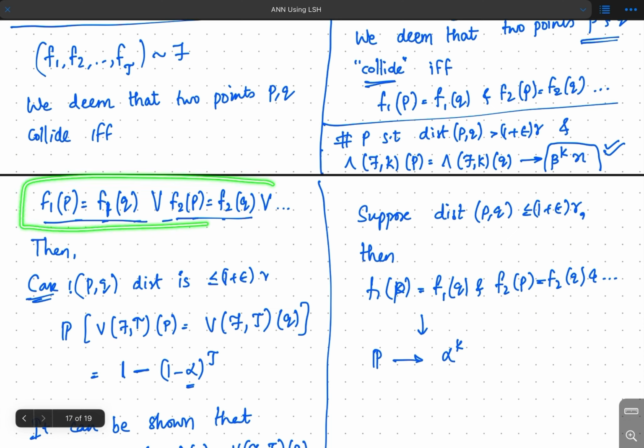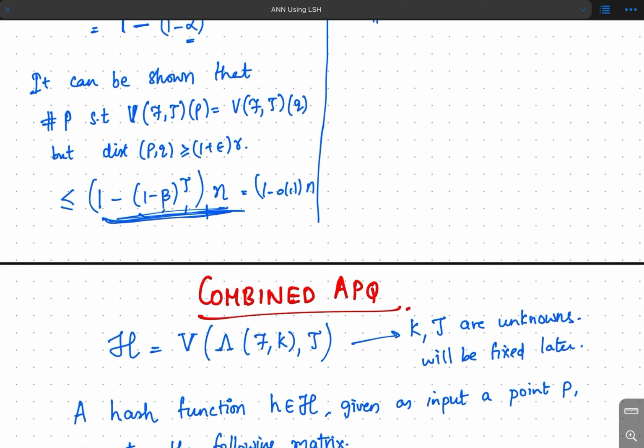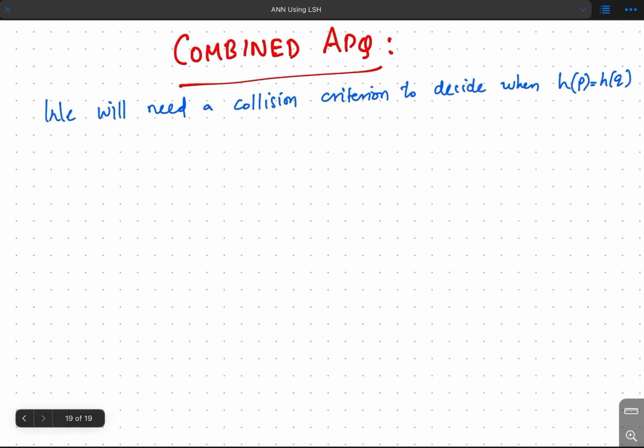And here we said that the collision criterion is that one of f1, f2 and so on up to f tau should collide. But for this matrix, the hash function given by the above matrix will have a different kind of collision criterion, and that is given by this tree.